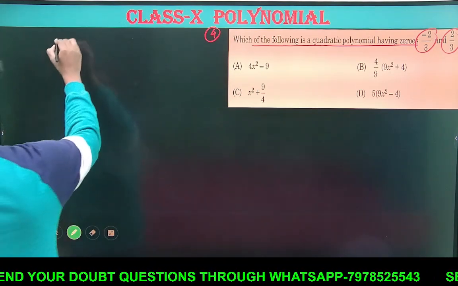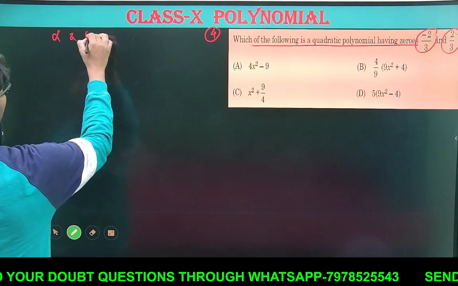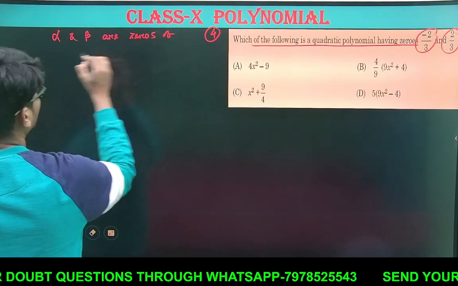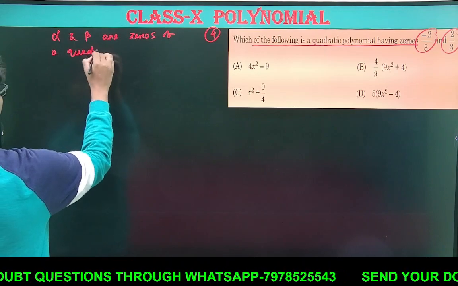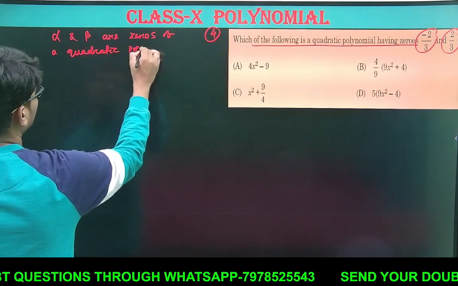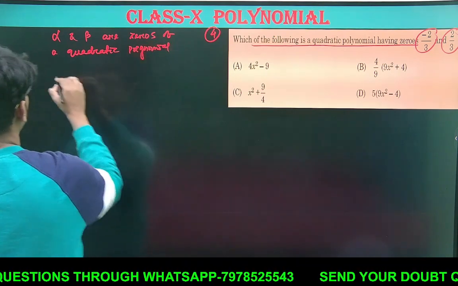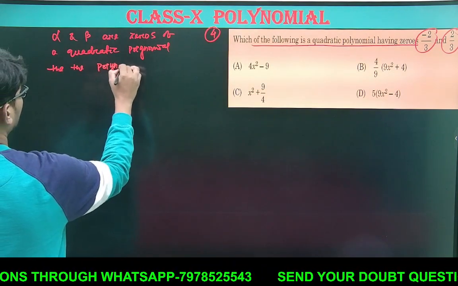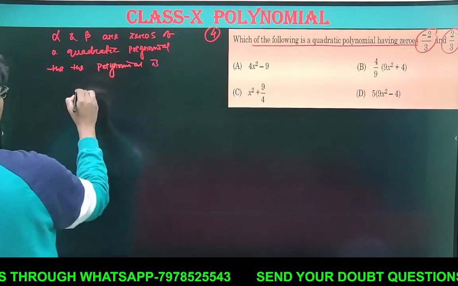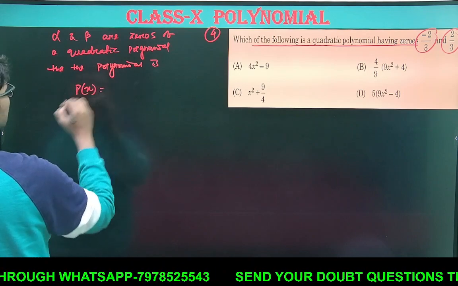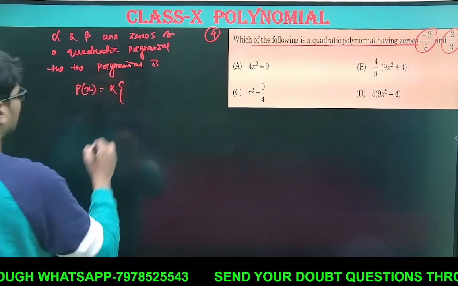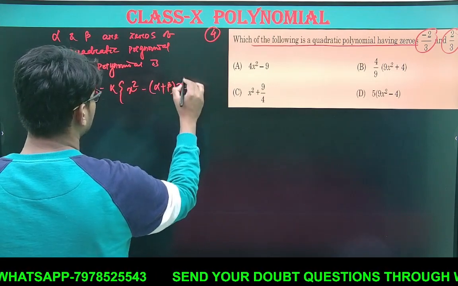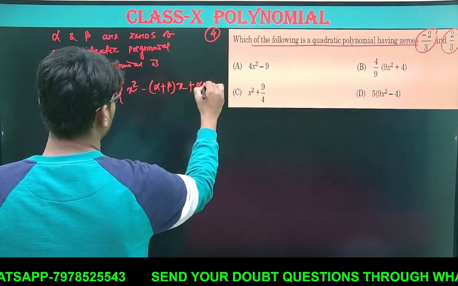Means, dear student, if alpha and beta are zeros of a quadratic polynomial, then the polynomial is P of x equals k into x square minus alpha plus beta into x plus alpha into beta.